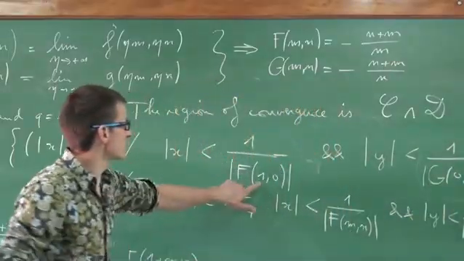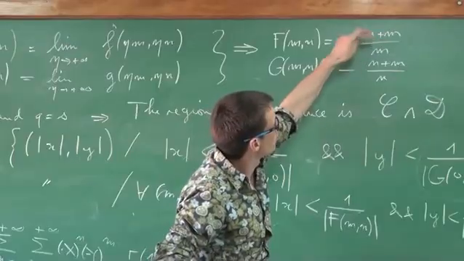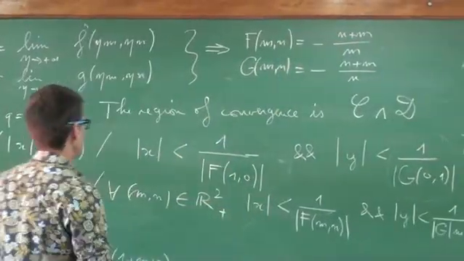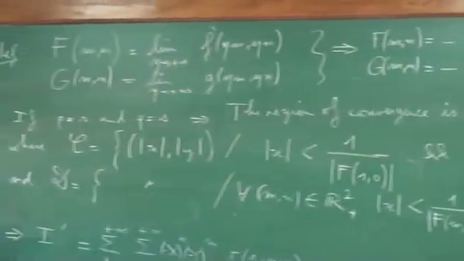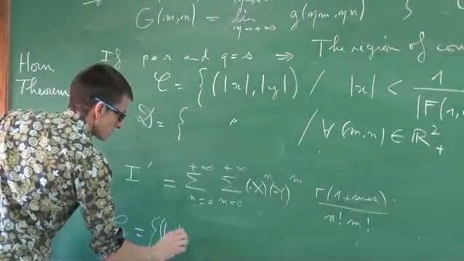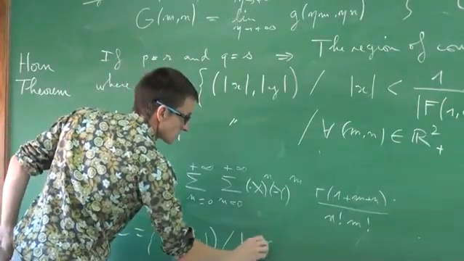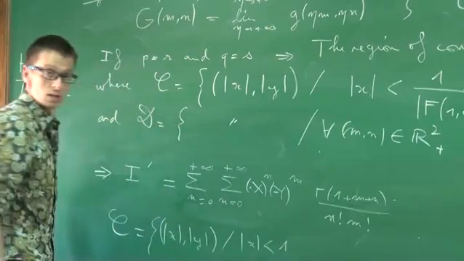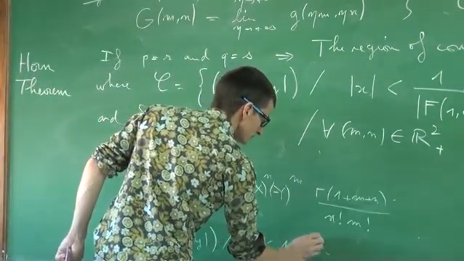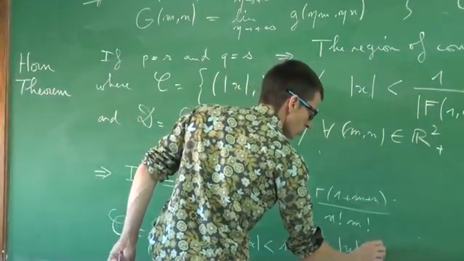So you replace here n by 1, 1 is 0, and you take the absolute value, which is 1. So C equals the set of x, y, so that x is less than 1 and y is less than 1 also.